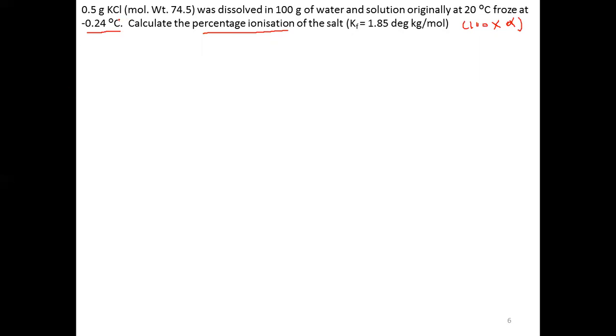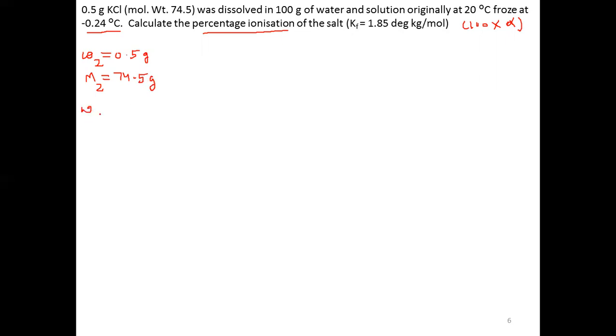Let us see what is given. We are given weight of solute W2. Solute is KCl. It is 0.5. Its molecular weight M2 is 74.5 grams. So you always have to write the units. What else is given?